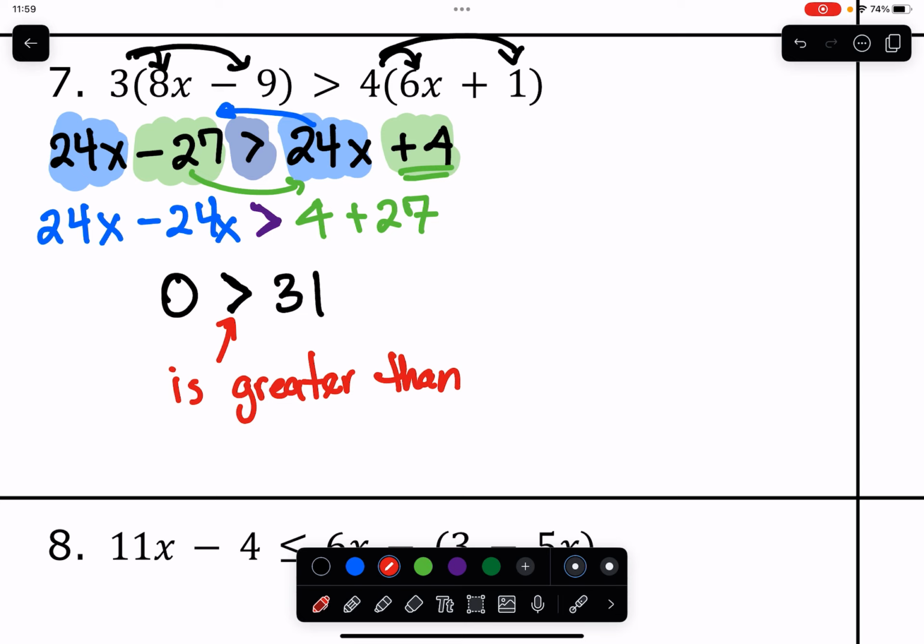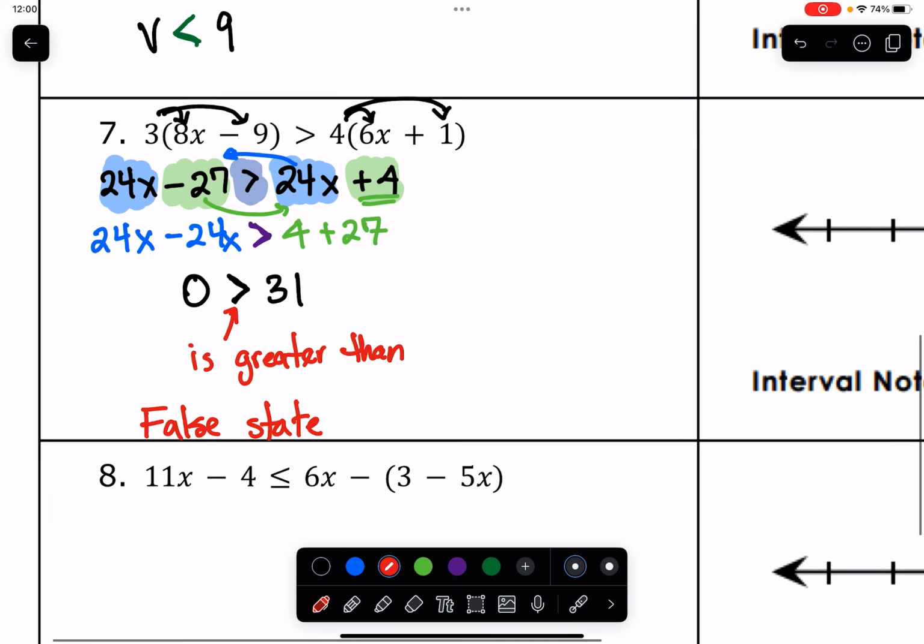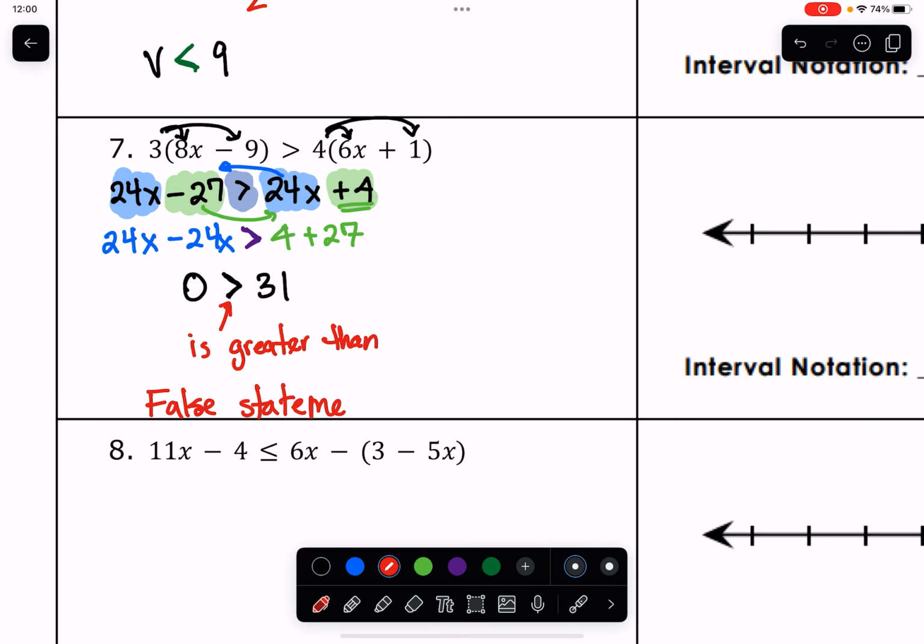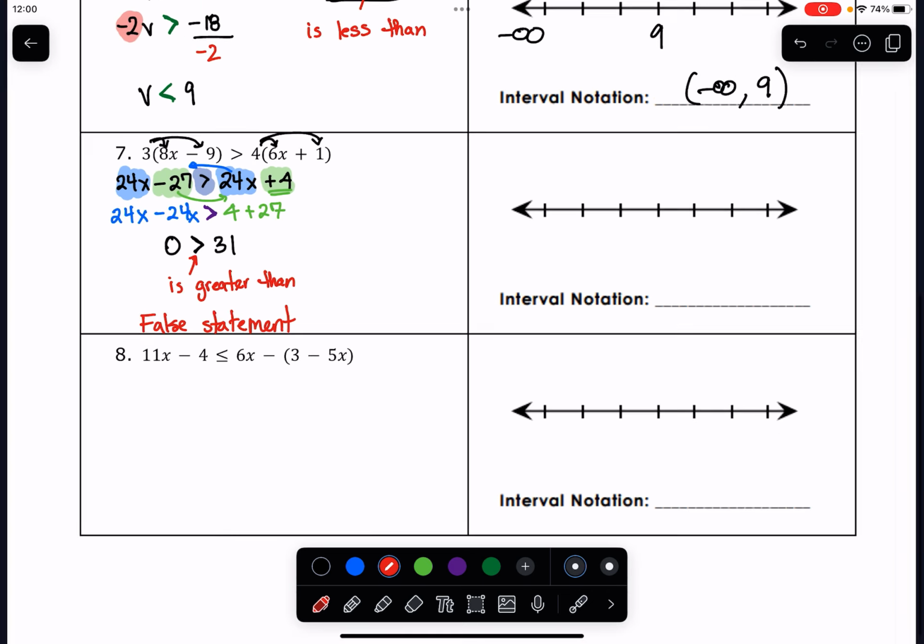That symbol is greater than, so this ends up being false. And because this is a false statement, what that means about the answer is that there is no solution.